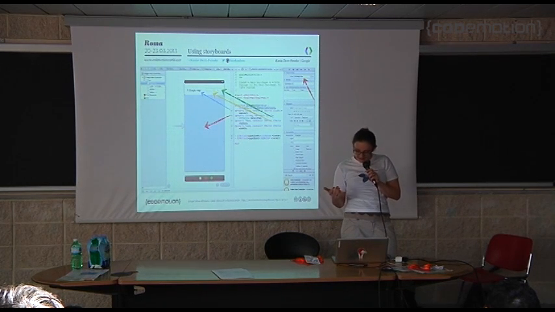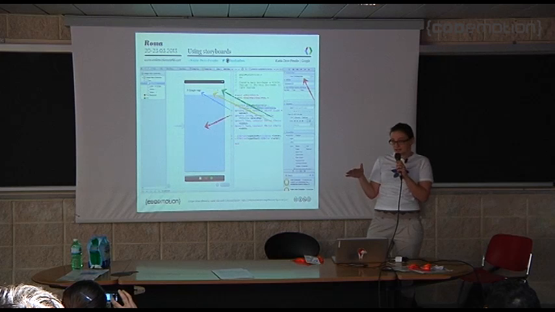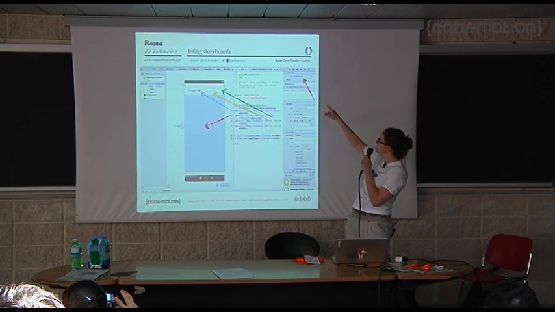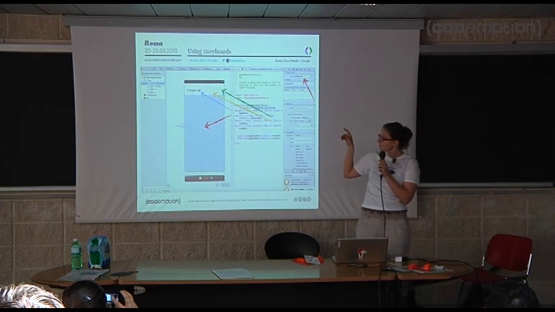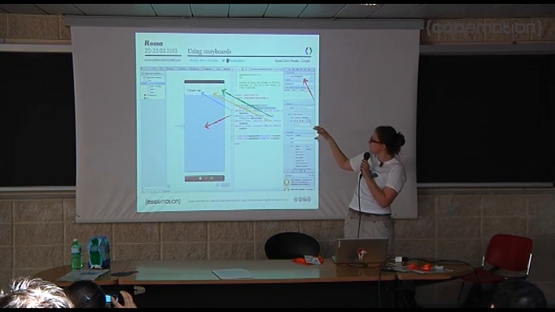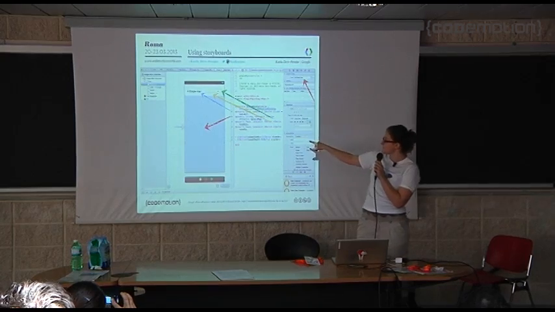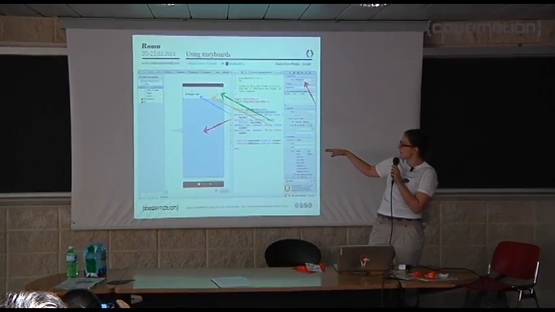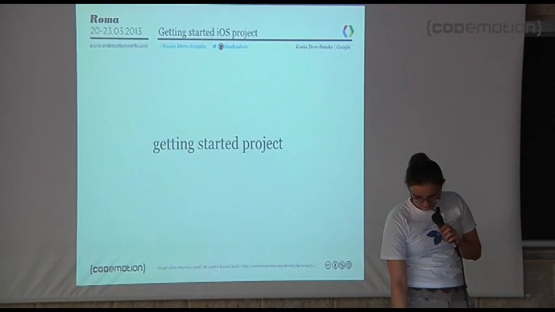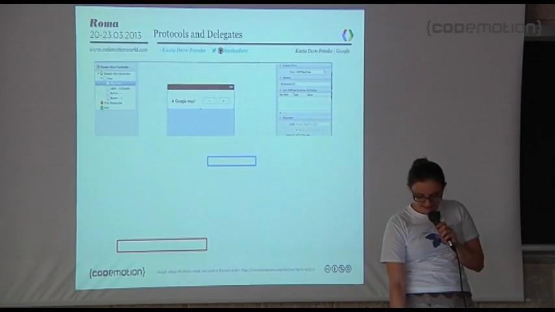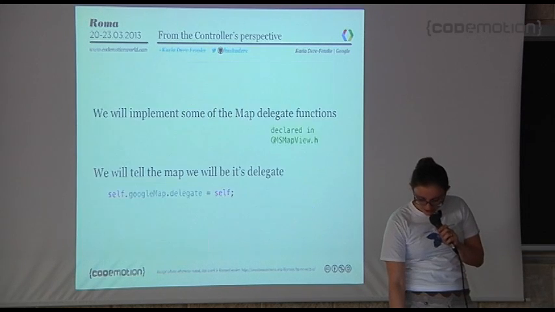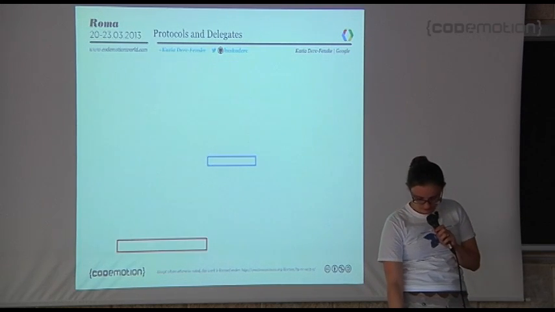So the way you do it is you add a view in Xcode, and you specify a custom class, which is GMSMapView. And then you link the properties. It's using storyboards in that case. And you link the properties, and you specify actions. The actions are tap zoom out and tap zoom in. And now we can implement the controller.